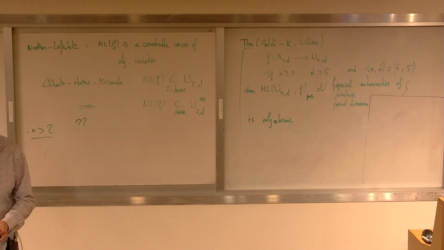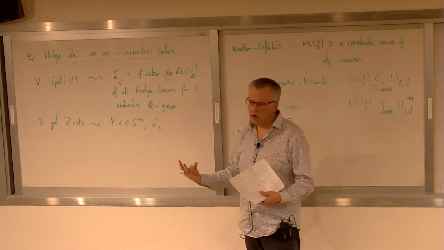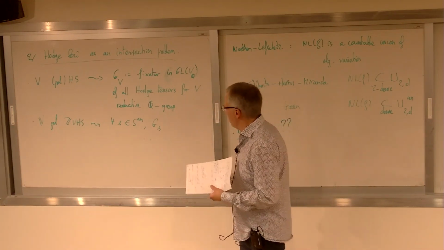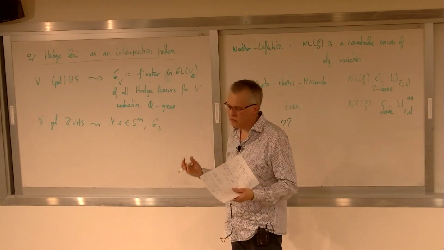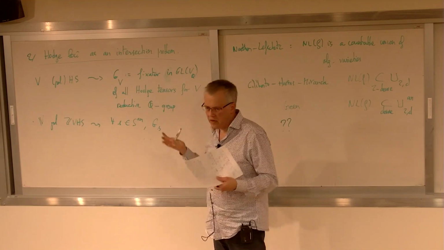Okay. So now if you start not from a single Hodge structure, but from a variation, a polarizable Z-VHS, then you get this group for any point in the base. You get this group G_s, which is locally constant on a big space, the complement of the Hodge locus, because on that part you know exactly that there are no exceptional Hodge tensors.